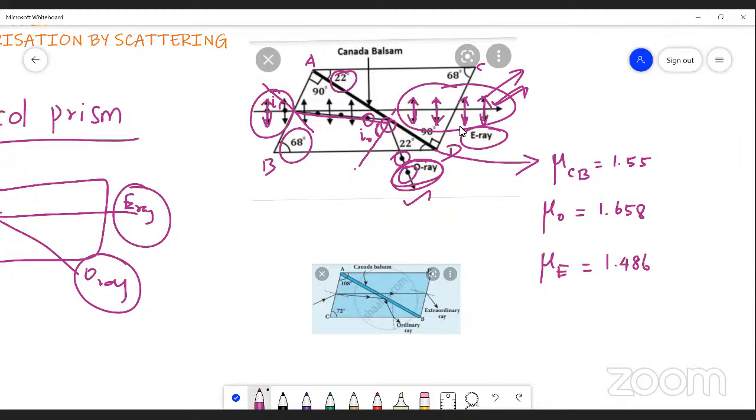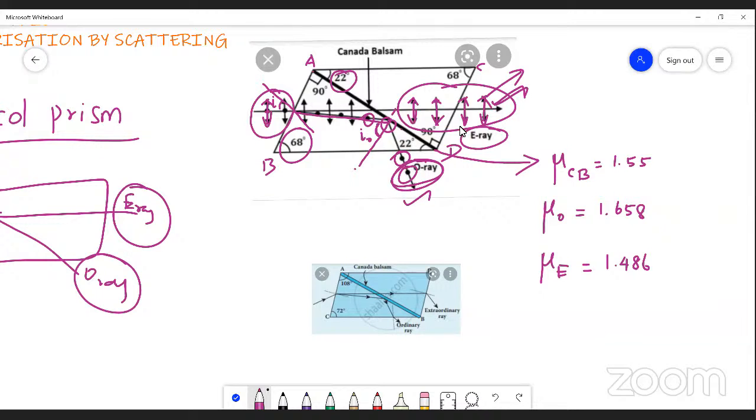It is a very important point. Just observe it. So the unpolarized light incident on the face AB is divided into two rays, one extraordinary, another ordinary. The ordinary ray refractive index is 1.658, am I right? The refractive index of Canada balsam is 1.55.